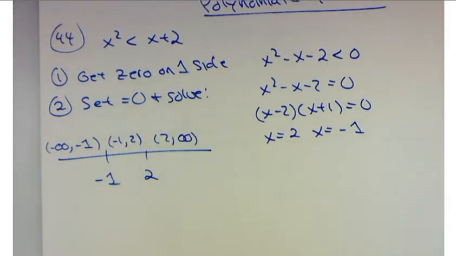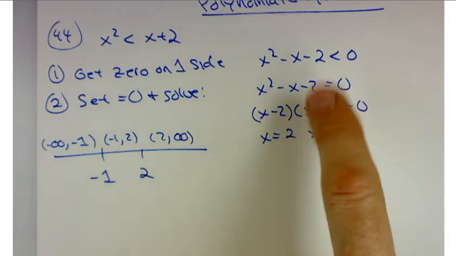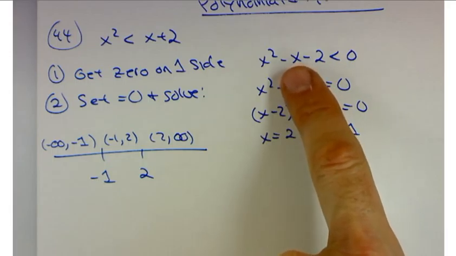We want to decide which of these intervals actually satisfies our inequality. We want to know which of these intervals has points that make this less than 0.